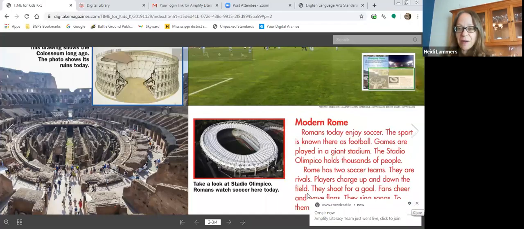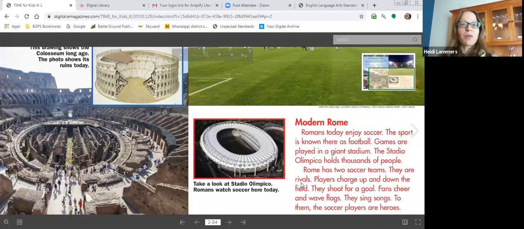Kind of like Battleground and Prairie are rivals. They're opposite sides. Players charge up and down the field. They shoot for a goal. Fans cheer and wave flags. They sing songs. To them, the soccer players are heroes.